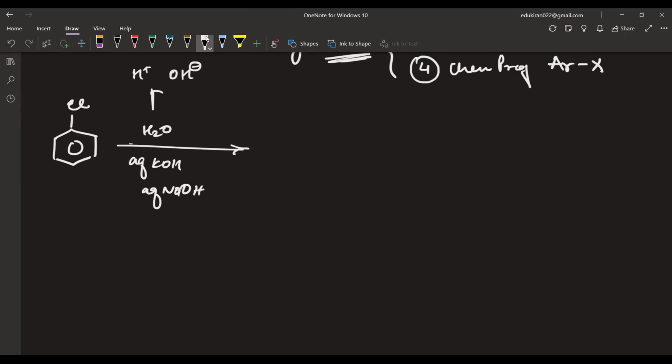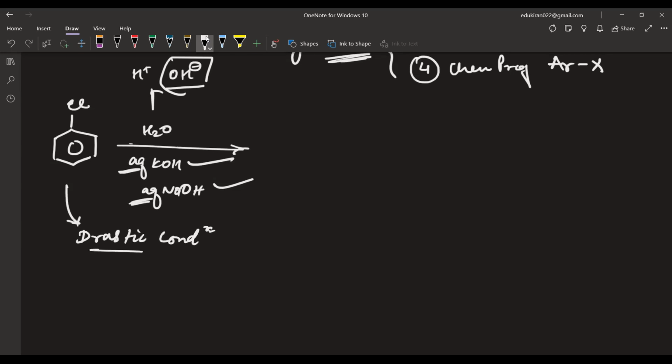Whenever you have this word hydrolysis, you may treat it with aqueous KOH or aqueous NaOH, because for this chlorobenzene, we need OH negative as the nucleophile, and we can also get OH negative from KOH and NaOH. So in the last lecture, we saw that if we have just the chlorobenzene, we need to use a drastic condition, right?